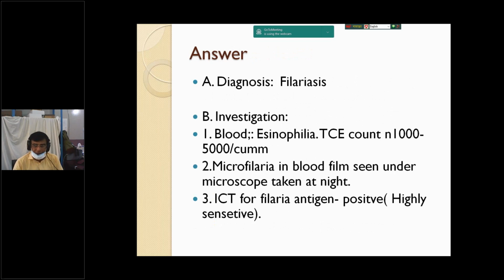Among the investigations, blood eosinophilia, total circulating eosinophil may be 1000 to 5000 per cubic millimeter of blood. Microfilaria may be seen in blood film under microscope taken at night. And ICT for filarial antigen is positive, it is a highly sensitive investigation.